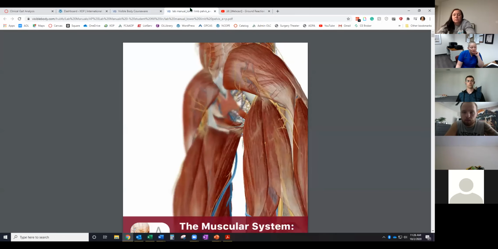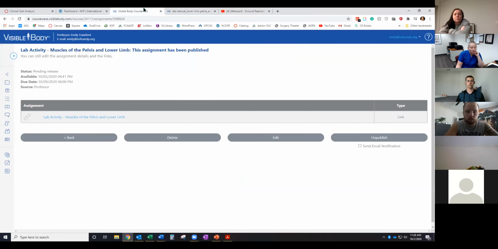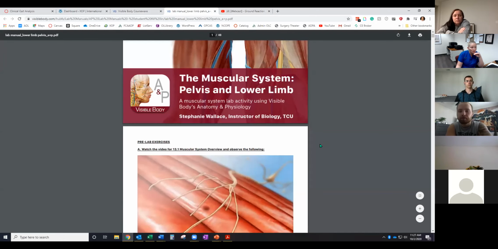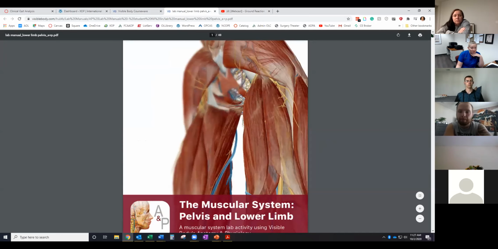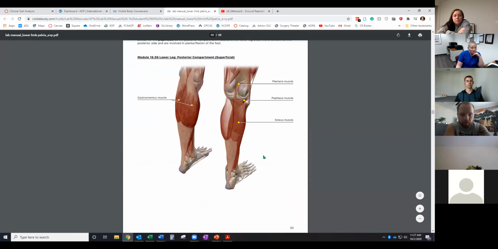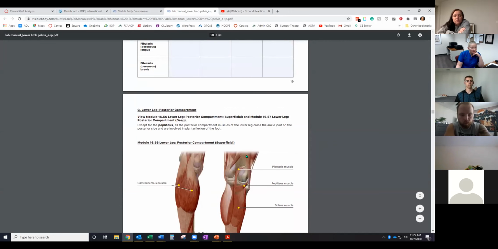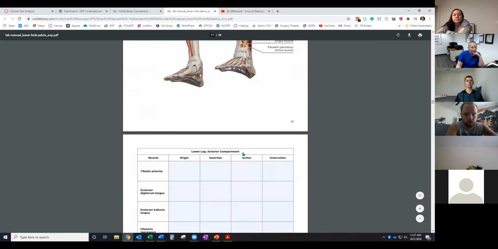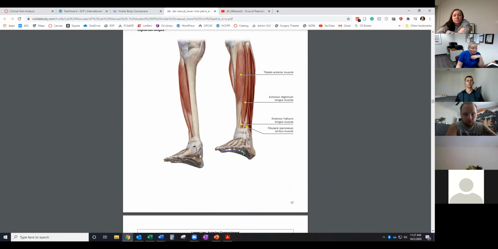So within the Visible Body coursework, I'm going to invite you to this lab activity. You're going to have the whole entire week to complete it, and it's definitely not all 48 pages that you see. We're going to go all the way down to where we see the muscles of the lower leg and the lateral compartment, and I'm going to assign certain pages to you.